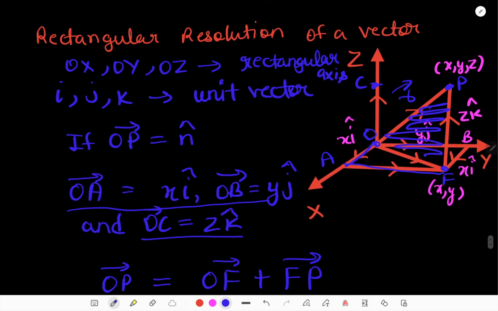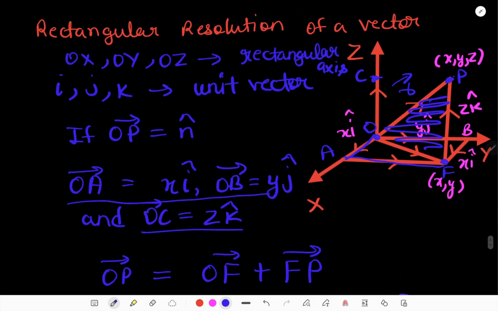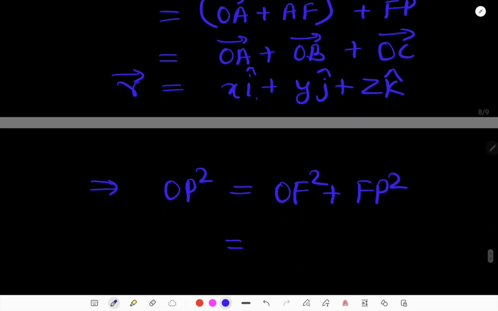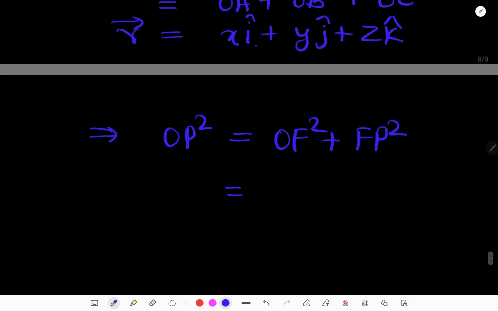Here you can see that in triangle OPF we can write OP square is equal to OF square plus FP square. In place of OF square we can write OA square plus AF square, plus FP square.